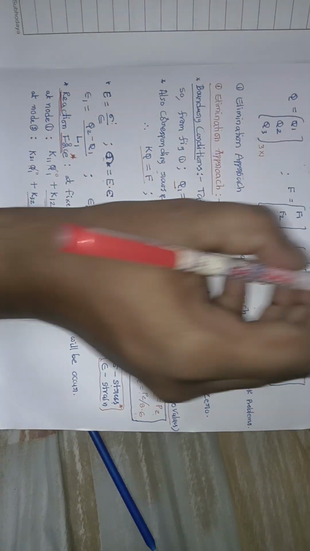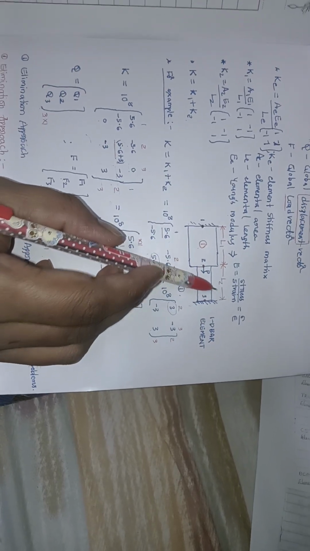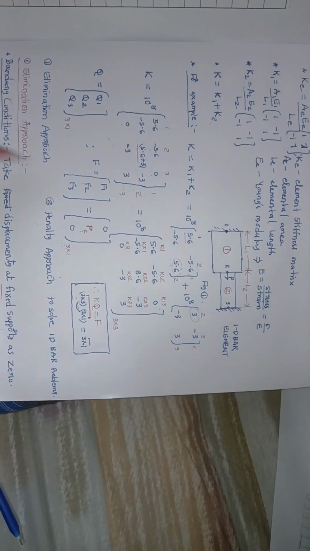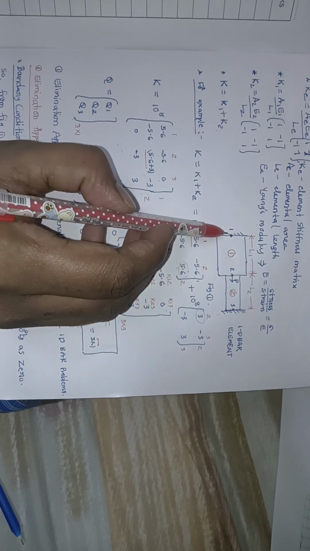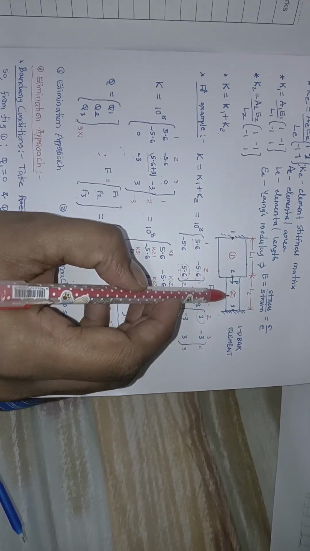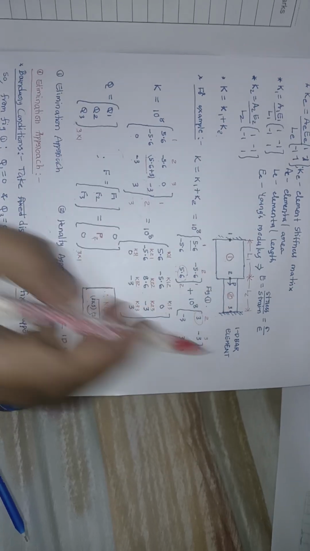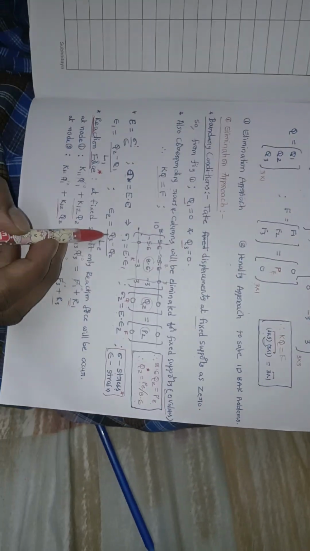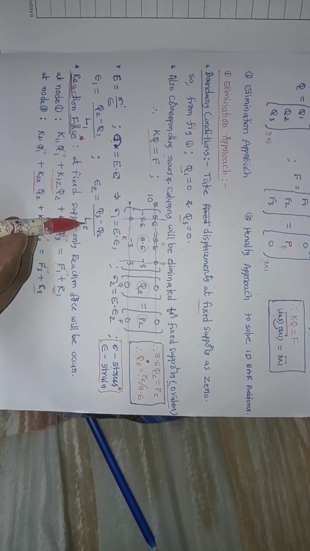Here for element 1, L1 is the original length and L2 is for element 2. Change in length for element 1, in between 1 and 2, is Q2 minus Q1. For the second element, in between 2 and 3, it is Q3 minus Q2.